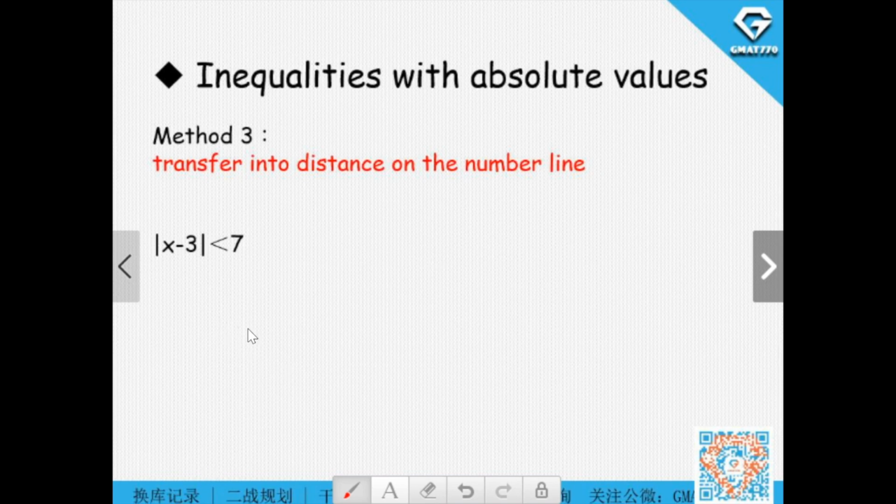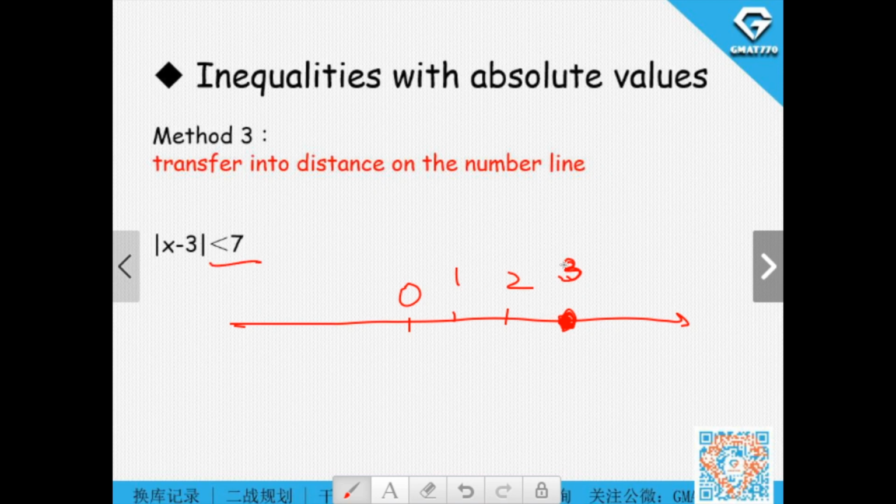Let's draw a number line here. So here is point 3 on the number line. What we're looking for are those x that have a distance less than 7 to point 3. So how do we find those points x?